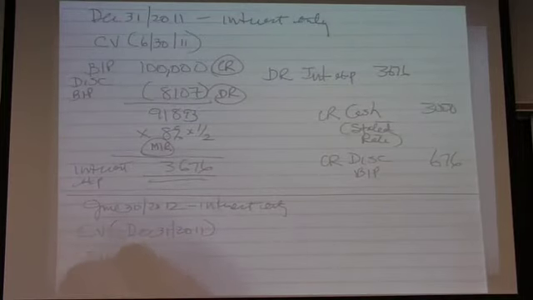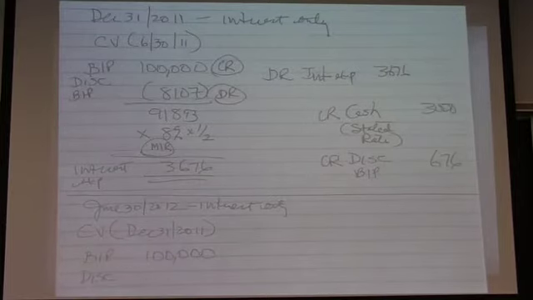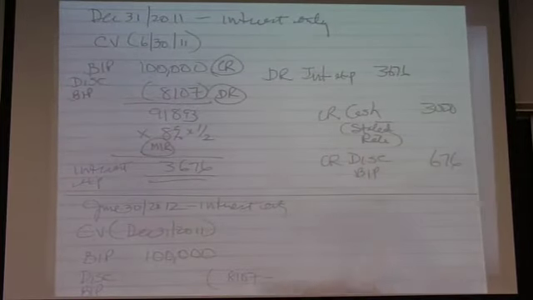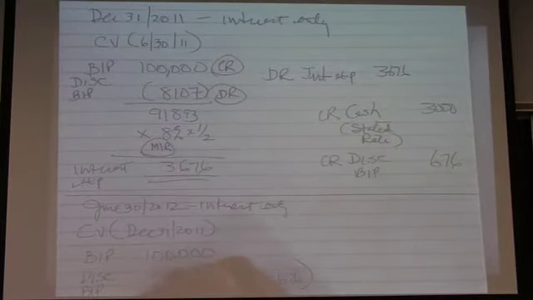So bonds payable is 100,000. Now, what is the unamortized discounts on bonds payable? Well, we know it was 8,107. Subtract the amortization of 676. That gives us 7,431. Again, excuse my rounding here.